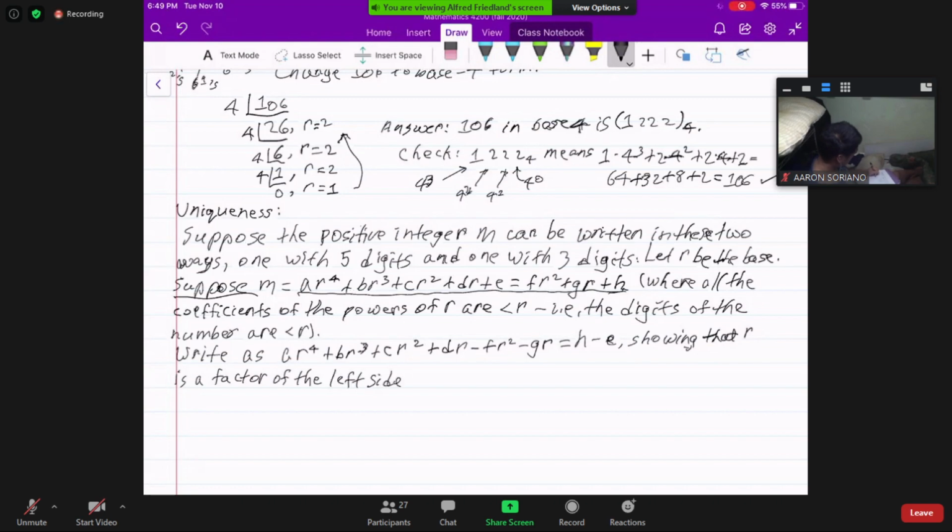So notice that on the left side, since I put all terms with R on the left, all those terms have R's in them.